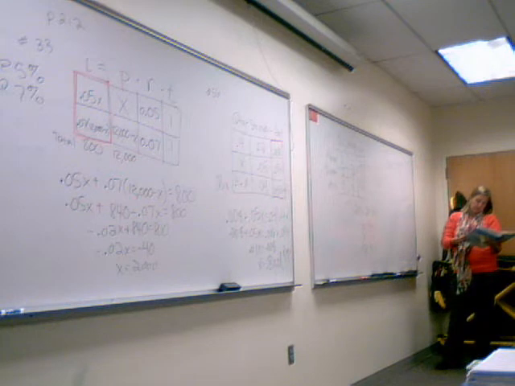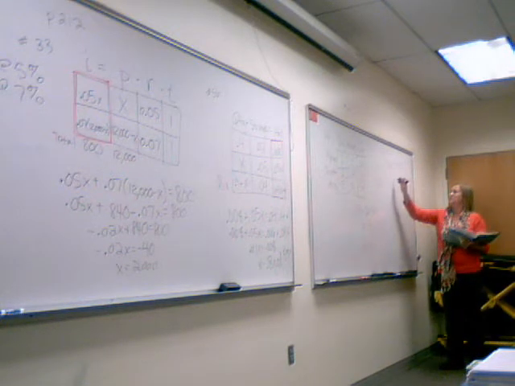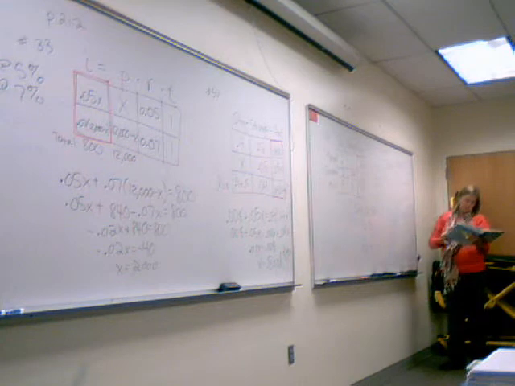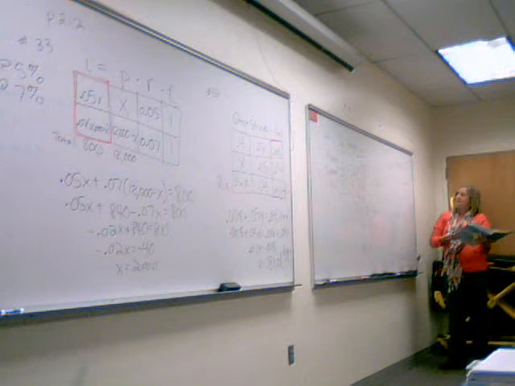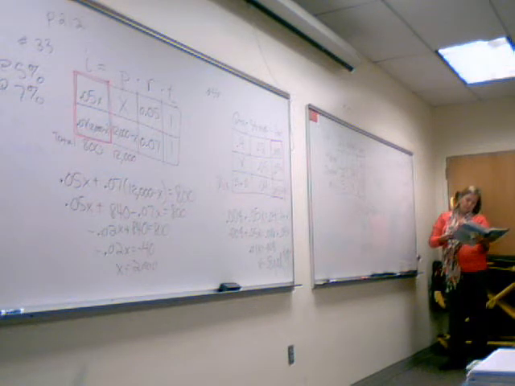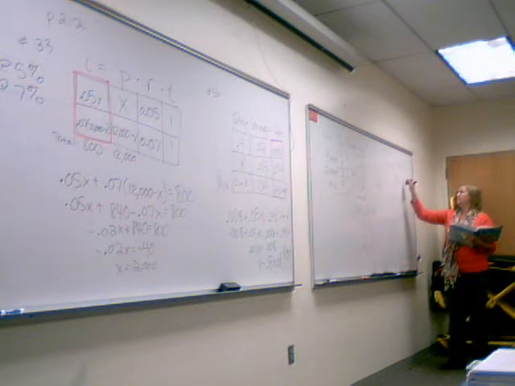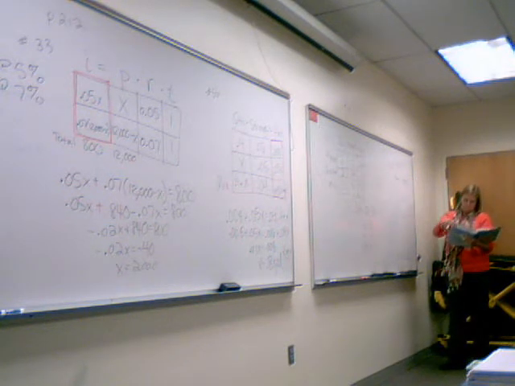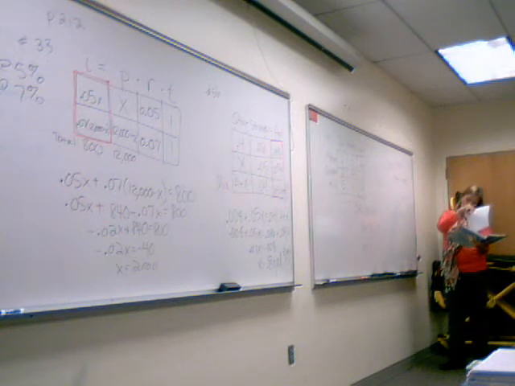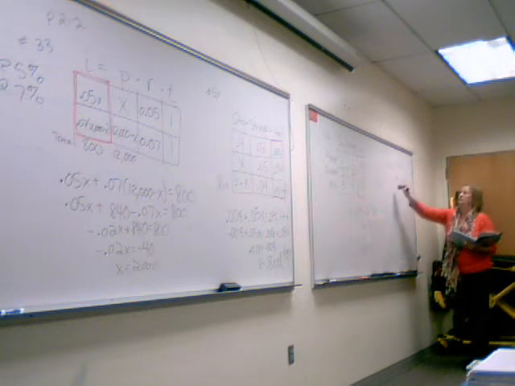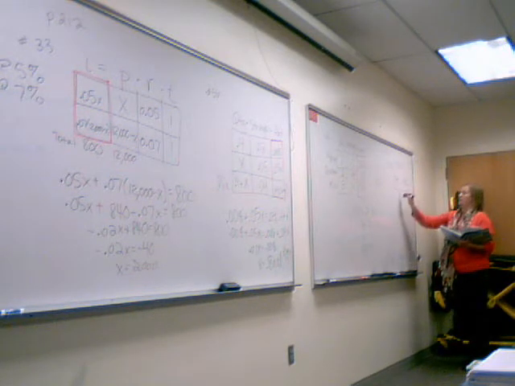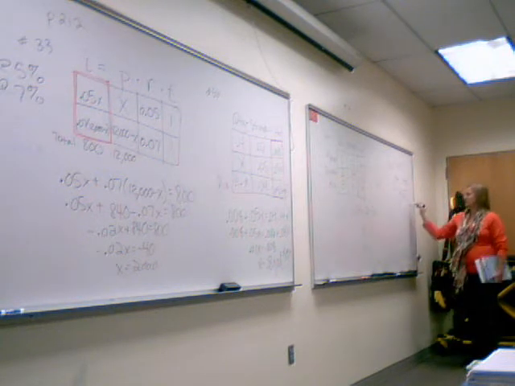If 2 trains are going in opposite directions, they leave from the same station on parallel tracks. One train travels at 50 miles an hour and the other at 60. How long will it take for the trains to be 440 miles apart? So this distance right here is 440. Let's draw our table.